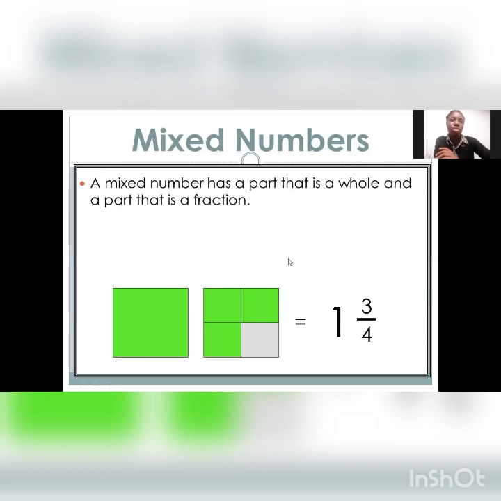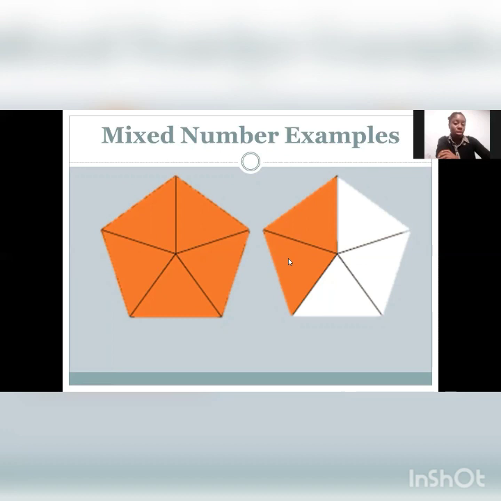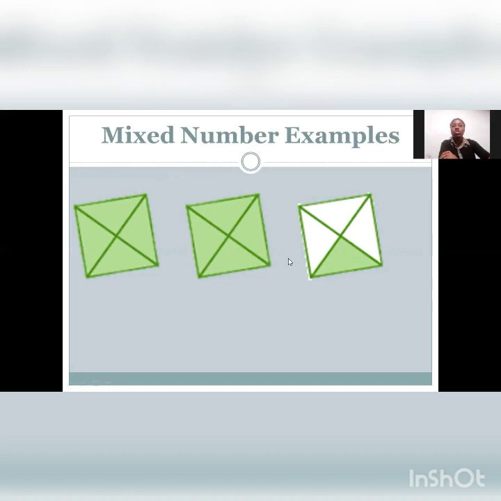The fully shaded part would be represented by the whole number, and the other shape would be the part represented as the fraction. The part that is not fully shaded would be represented as the fraction. So since there are 3 parts that are shaded, that goes in the numerator, and there are 4 parts in total. So therefore, it's written as 2 and 1/4.